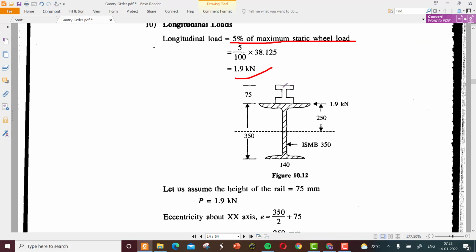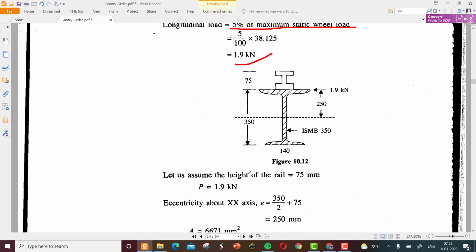So the longitudinal force will create a moment on the gantry girder. Let's assume that the height of the rail is 75 mm, and the total depth of the beam is 350.